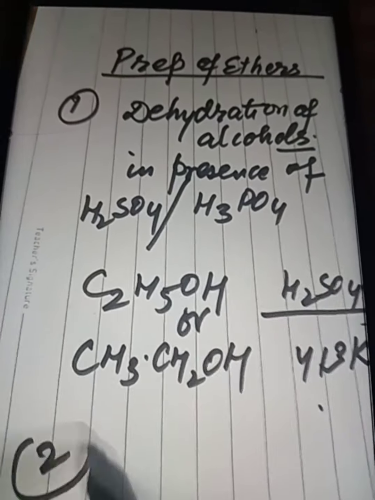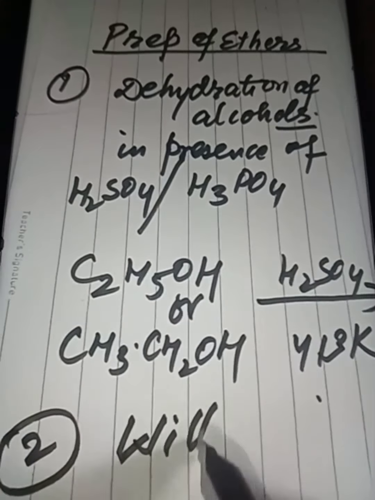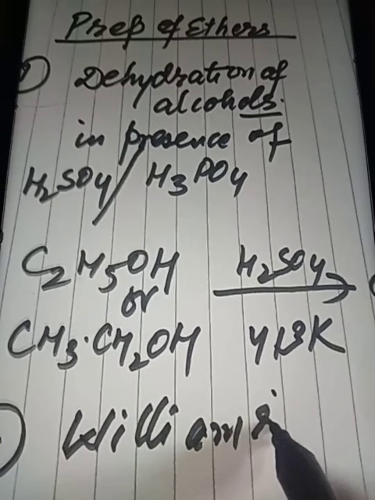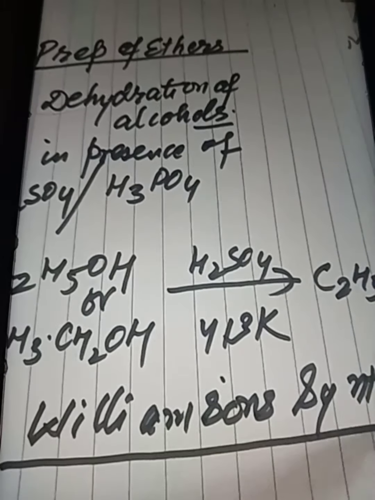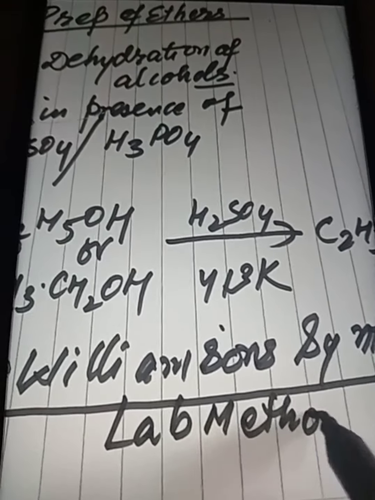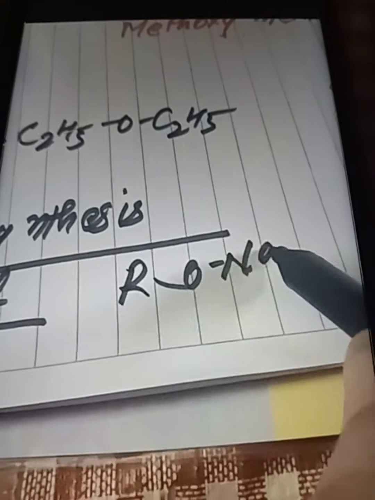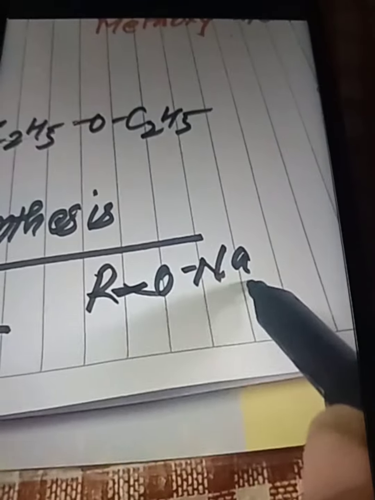Learn carefully. The another preparation of ether is Williamson's synthesis. This is very important lab method also. We can prepare ethers in laboratory by this particular method, that is Williamson's. In this, the RONa. I am writing here RONa. This is sodium alkoxide.